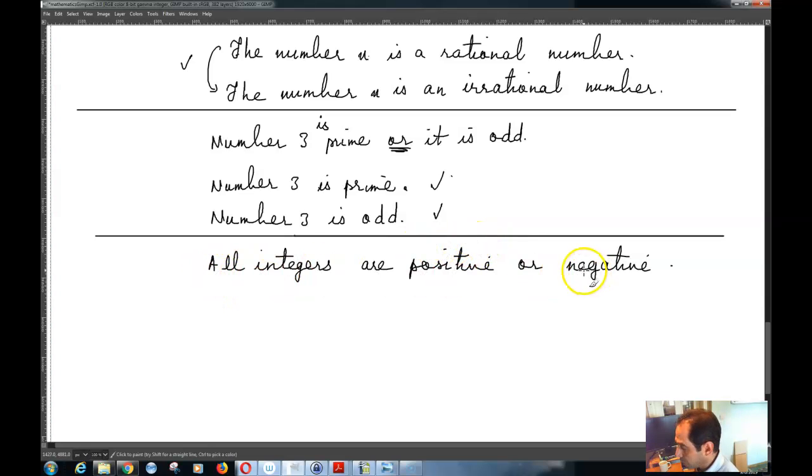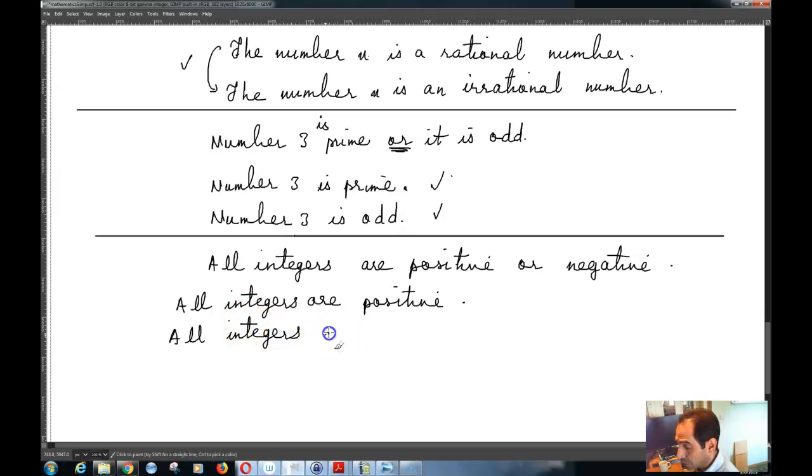So the component statements here are all integers are positive, and all integers are negative.